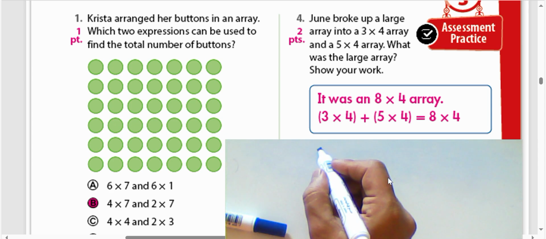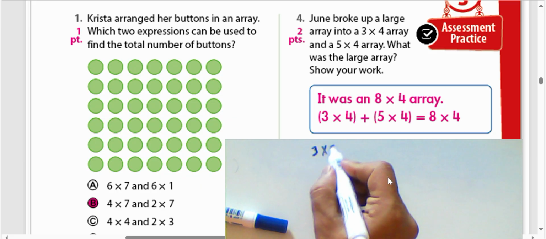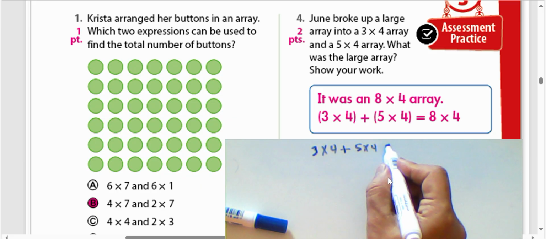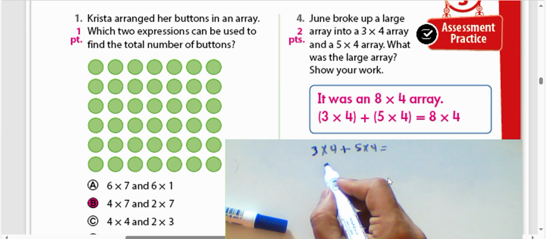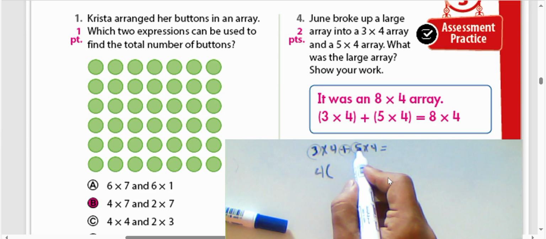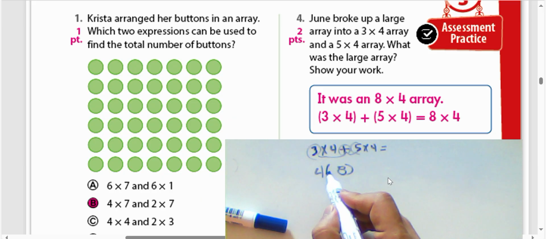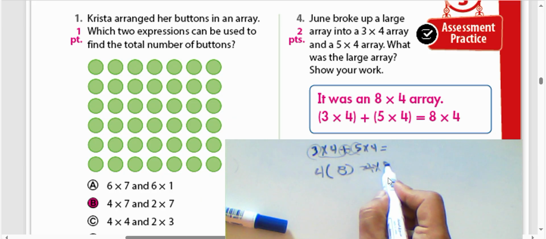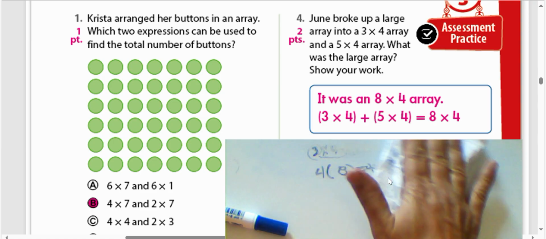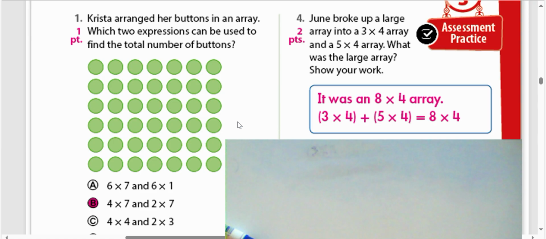Why? Because he gave us the information 3 times 4 and 5 times 4. We can write 4 as a common factor between them, and 3 plus 5. 3 plus 5 equals 8. Then 4 times 8. In this way, we can write 4 times 8.